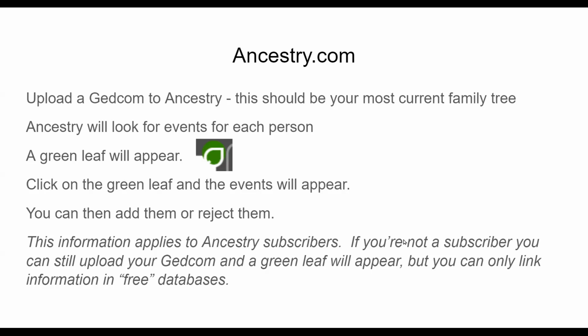You can add them or reject them. If you are an Ancestry subscriber, all of the green leaf suggestions are available to you. If you're not a subscriber, you can still upload a tree and it'll still give you suggestions, but you will become very frustrated because most of them are blacked out because you're not a subscriber.